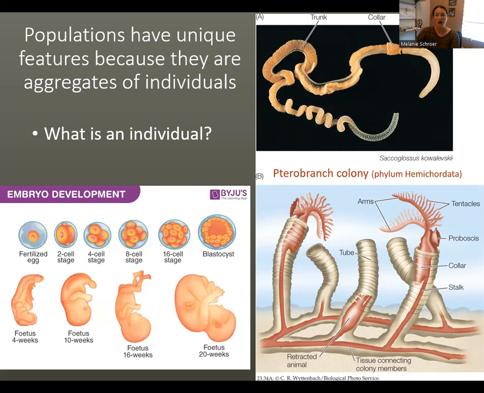They are a little bit difficult to classify as an individual or not, because these organisms reproduce via budding. One genetically unique individual forms a new bud, and that new bud becomes kind of an individual, but also still connected back to the original animal. And so where does the individual stop and the colony begin? A little bit difficult.